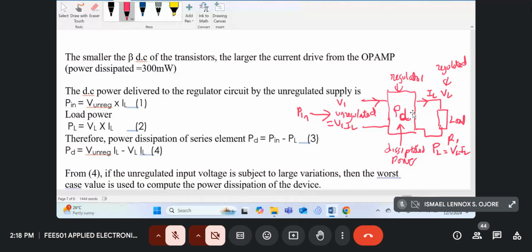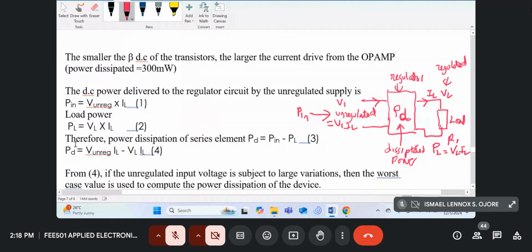Normally we use things like electrolytic capacitors to smoothen the power. Also, those ones consume some energy, and when they heat up, they lose the electrolyte. So the life of your regulator tends to decrease. So we want power dissipated normally by the regulator to be as small as possible.